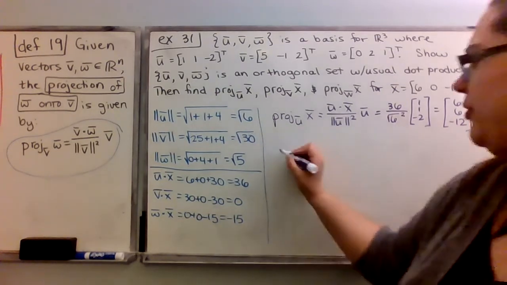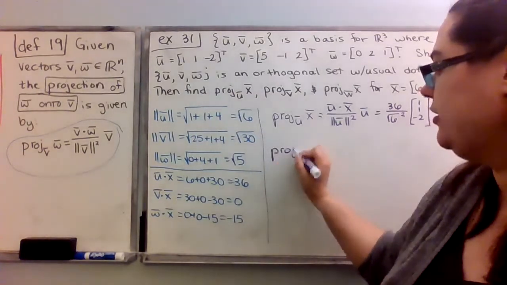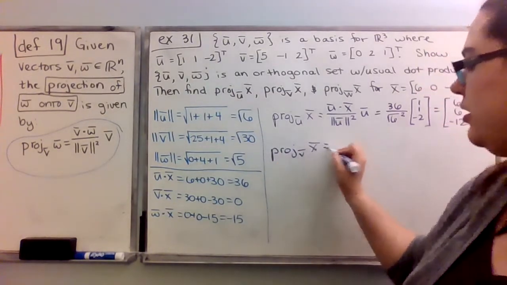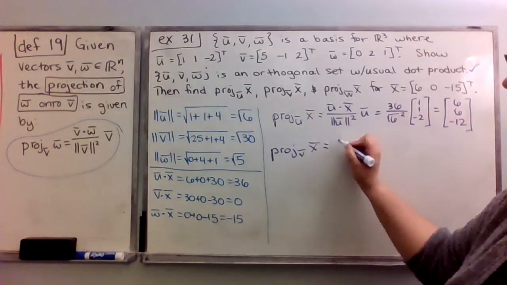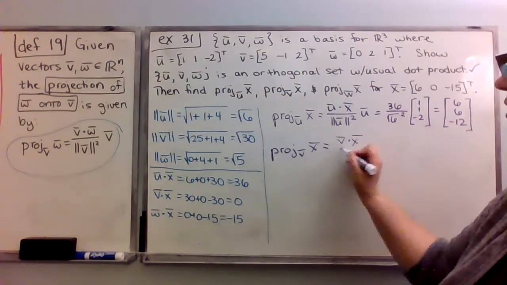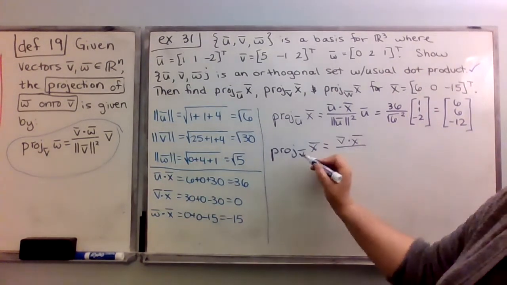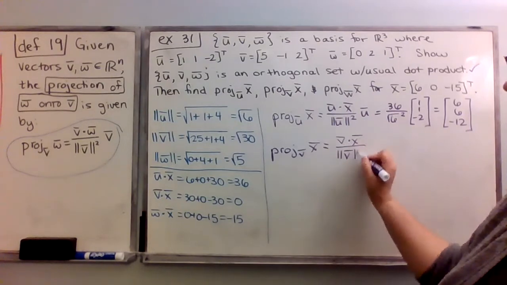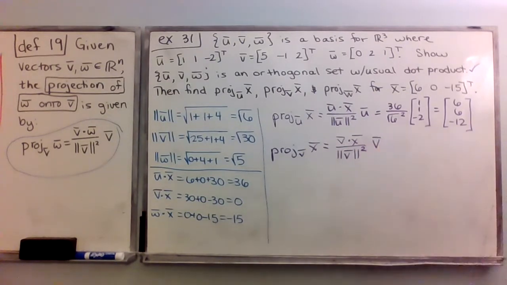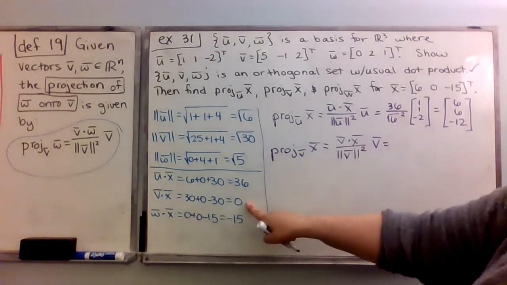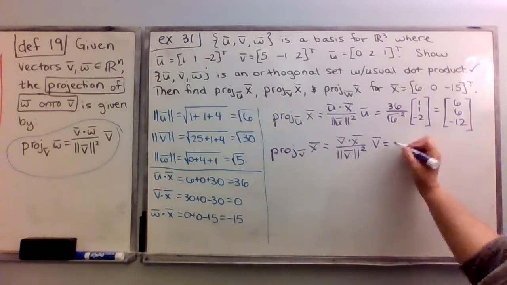Then we'll do a similar game for projecting onto v. Remember, our formula is going to be v dot x, and since we're projecting onto v, we're going to have the norm of v squared times v. Because we found these pieces earlier, it makes it easier for us. In fact, it makes it really easy because v dot x was 0.